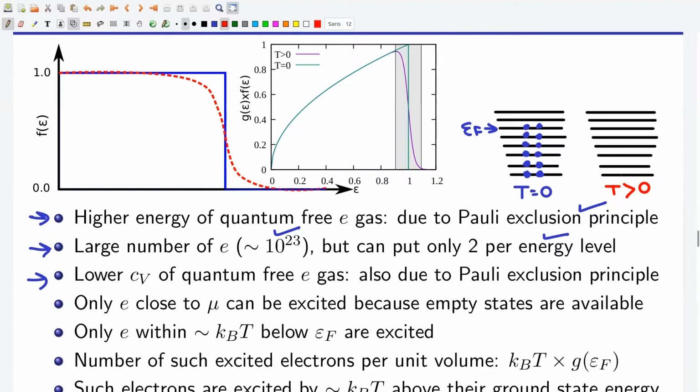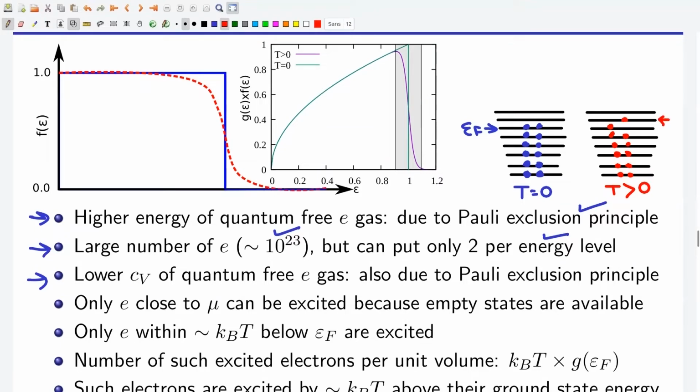Now let us go to some higher temperature. Then let's see how we fill the states at some temperature which is greater than 0. So this was already there in case of t greater than 0, and now I have put 1 electron in the excited state.